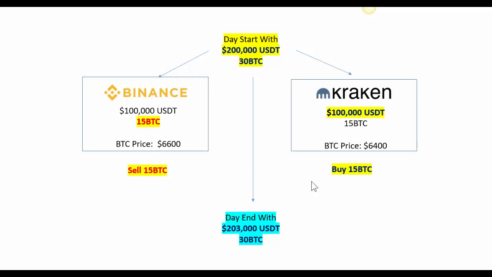So if you do the math, 200 times 15, you're looking at a net profit of 3,000. So at the end of that trade or end of that day, what you have on these two exchanges is a grand total of 203,000 USDT and 30 Bitcoin in total. Okay? And if you were to do the math, you'd realize that that one trade is 1.5%.